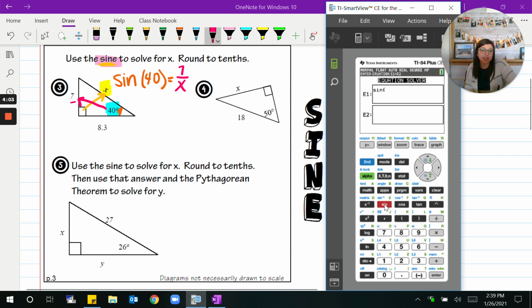So I'll start with sine, and then I want 40 in parentheses. And then in box 2, I want 7 over x. So I'm going to get a fraction. I'm going to do 7 over x. Then I can press enter, and to get my answer, I want alpha graph.